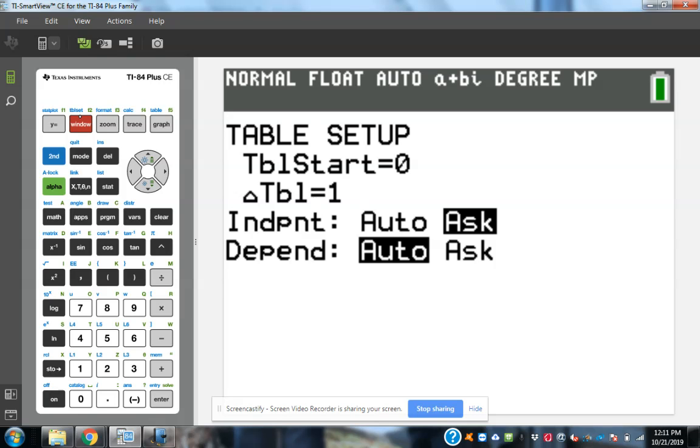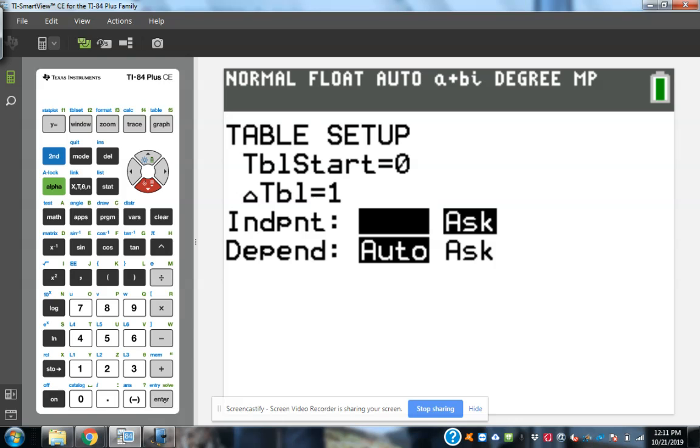All right. It really doesn't matter what you have the table start or the delta table, the first 2 lines, doesn't matter what they have in them. If yours is different, that's okay. You want to set them to 0 and 1, that's fine. But we want the independent to be set to ask. Independent is X, so we want to set that to ask.